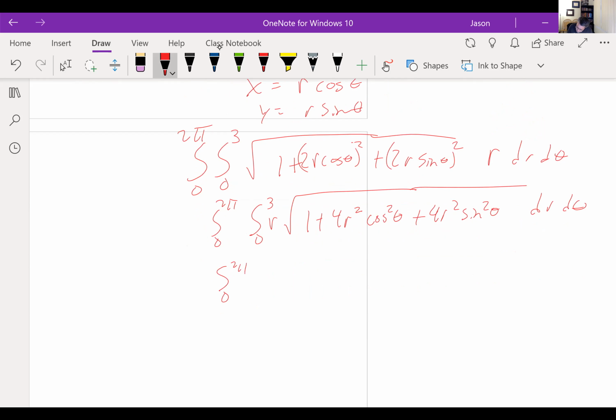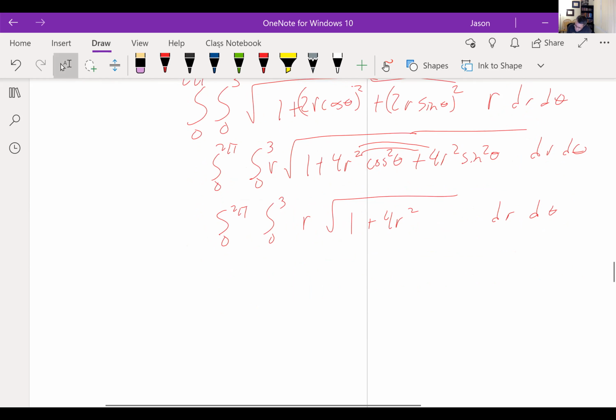So from 0 to 2 pi, 0 to 3 of r times, now if I factor out the 4r squared, I'd be left with 1, because cosine squared plus sine squared is just 1. So this really just becomes the square root of 1 plus 4r squared dr d theta.